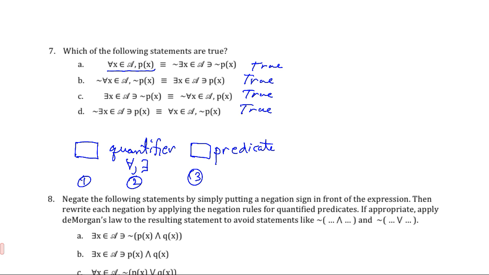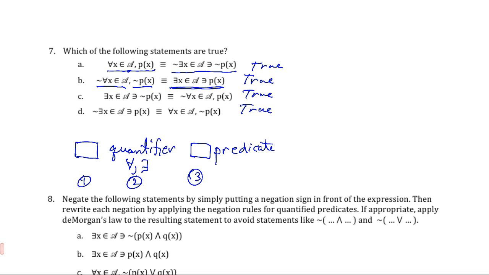On the right it says it's not the case that there's anybody who's not wearing a green shirt. And if it's not the case that there is anybody who's not, then they all are. For part B, it says it's not the case that everybody doesn't do it. That's the same thing as saying there is somebody who is wearing a green shirt.